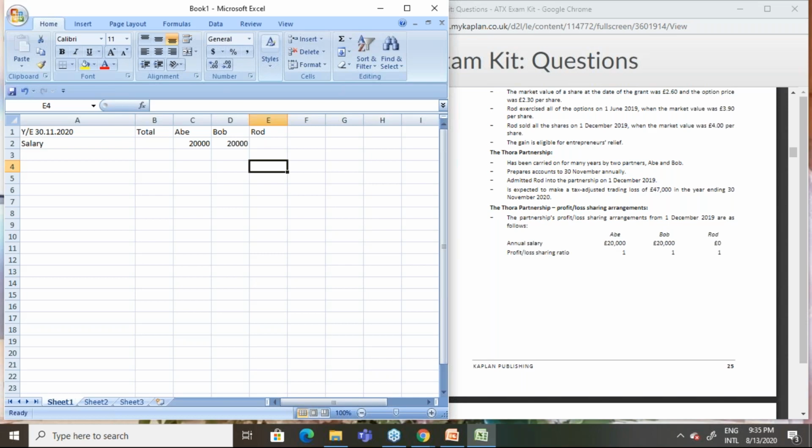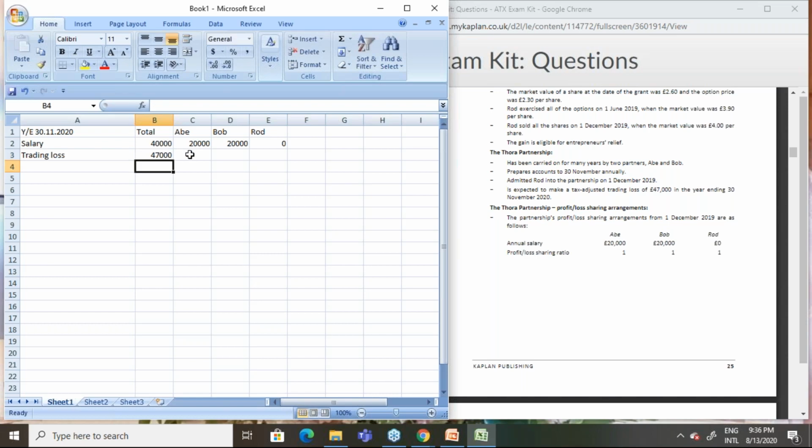So don't forget that this is a loss that you're having. So here you get 40,000. And then we have a trading loss of 47,000.